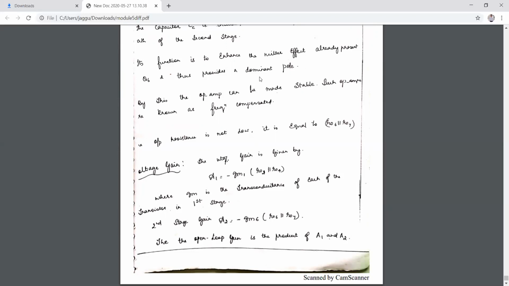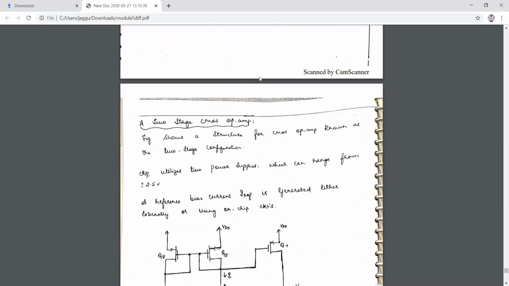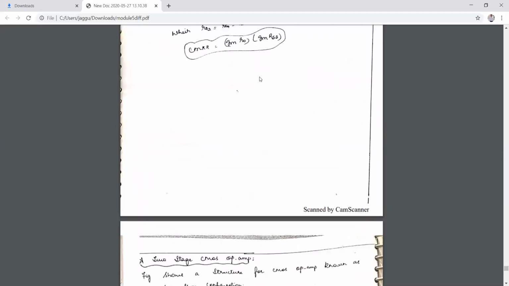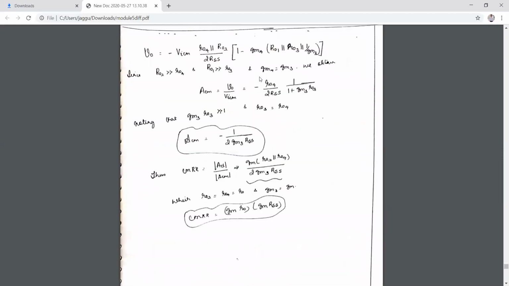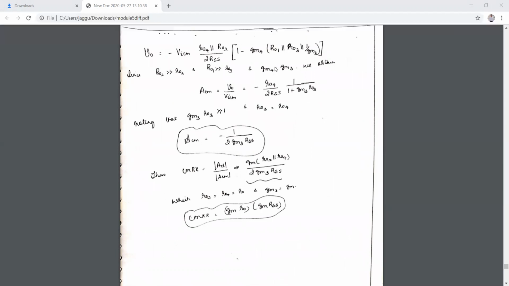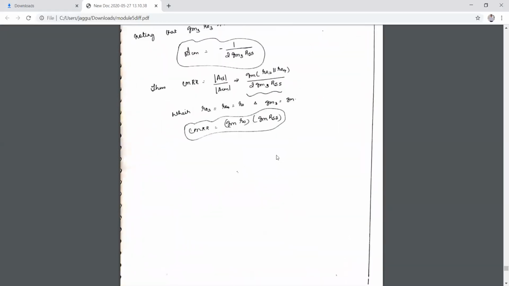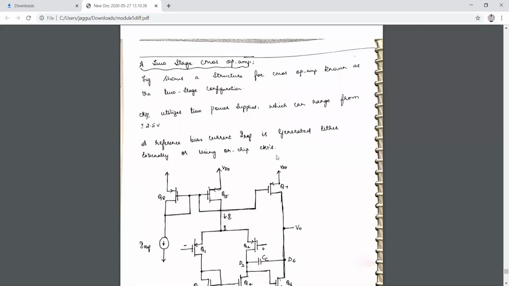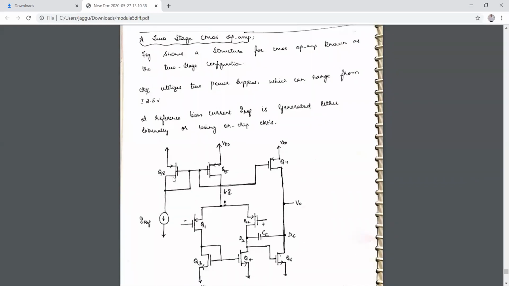So in today's class, we discussed the circuit related to the two-stage configuration, and the common mode gain and the common mode rejection ratio for the actively loaded differential amplifier. This two-stage amplifier is very important because it makes use of a current mirror, as it is an on-chip circuit.